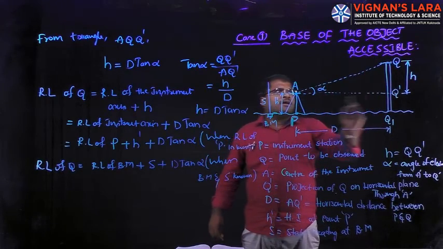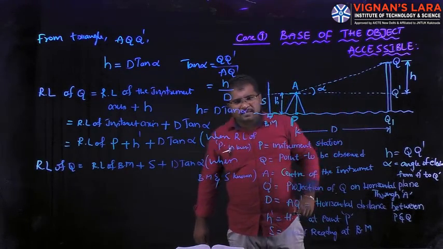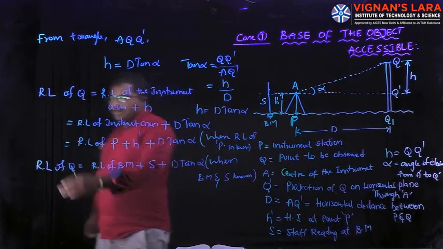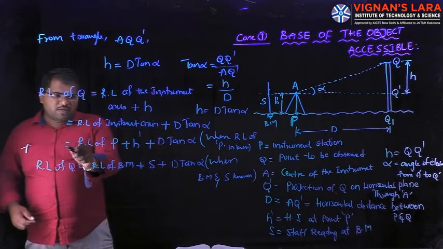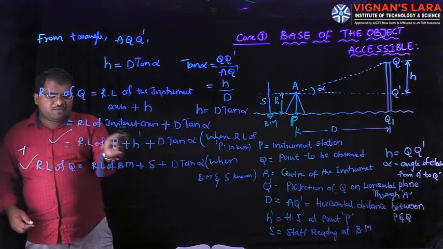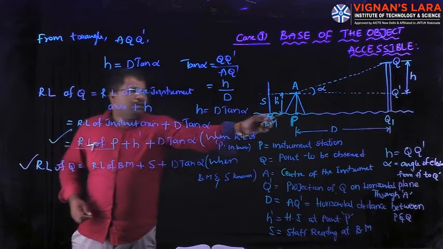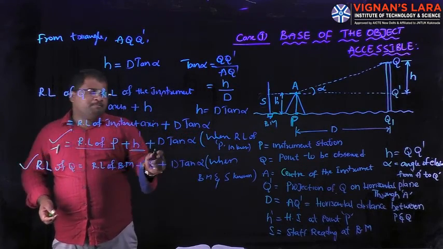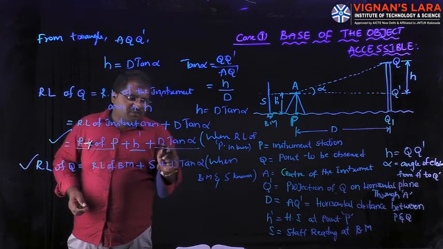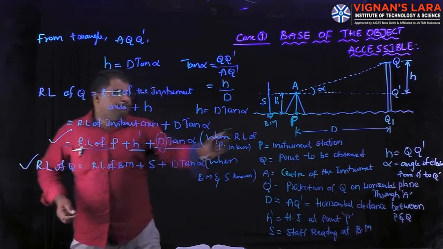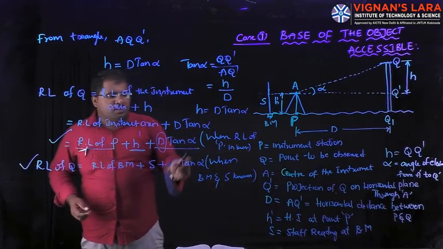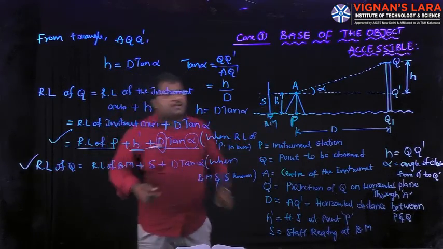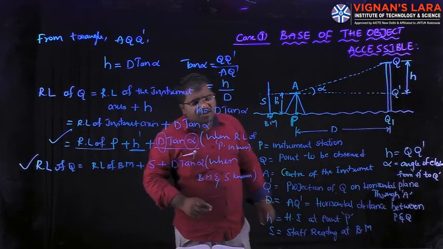So when the base of the object is accessible, we are going to measure the horizontal distance. Now if you want to know the RL of Q, you need to use this formula or this formula. If you are using this formula, RL of P can be measured easily. Out of D tan alpha, D will come from the horizontal distance measured with the help of the tape, and alpha is measured with the help of the theodolite, that is, the instrument.